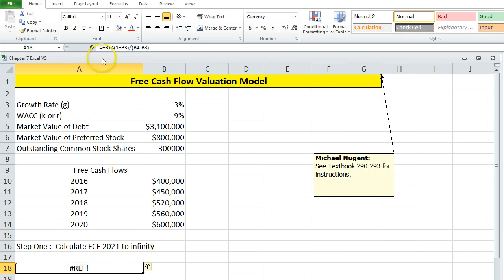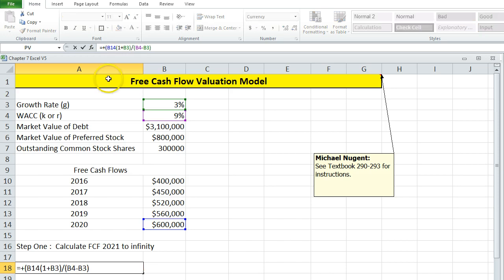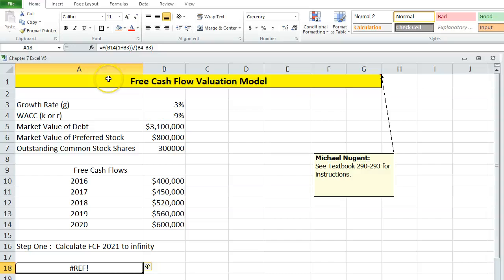Okay, so I just have to put in a couple of other parentheses here between these. Let's see, 1, 2, 3.